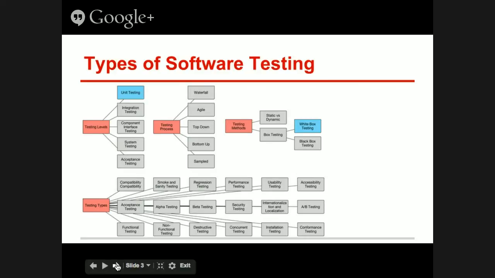Now, I'm not going to cover all of these types of testing, and I made this graphic. It's the different types of software testing available. We're going to focus on the blue ones, which are unit testing, typically a form of white box testing.